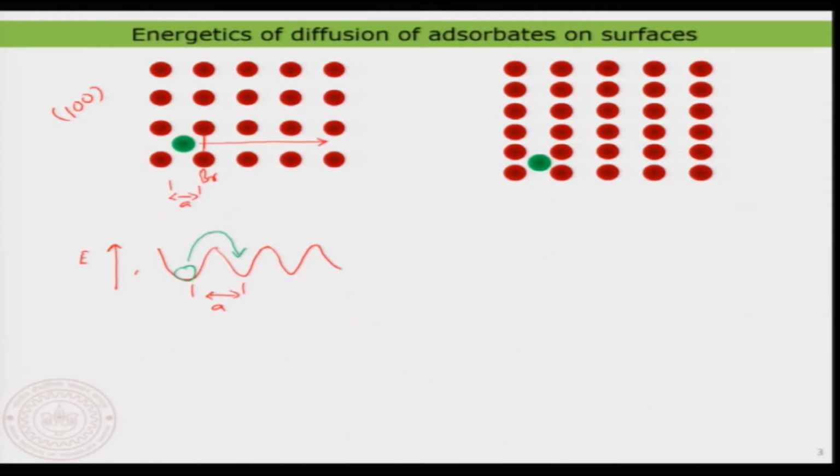That means, how is it possible that the atom is hopping across? That happens because you have the so called vibrational ladders present. Every time you have the surface, the atom is not stagnant there. It is vibrating like that.